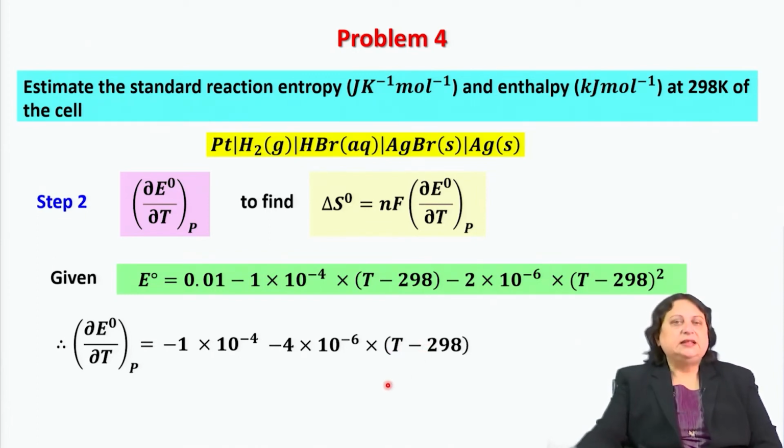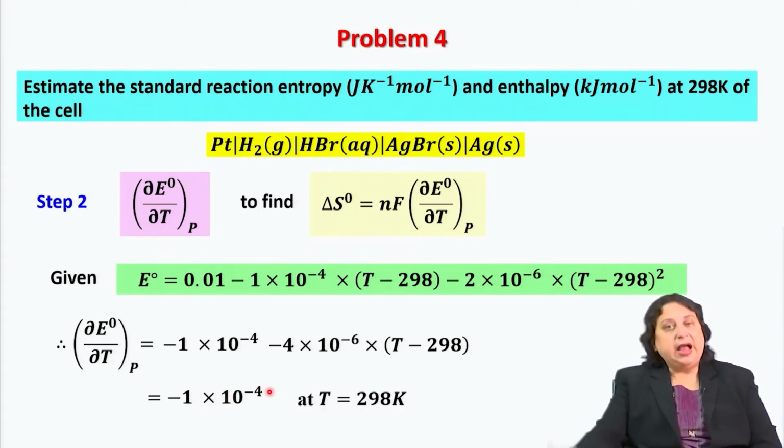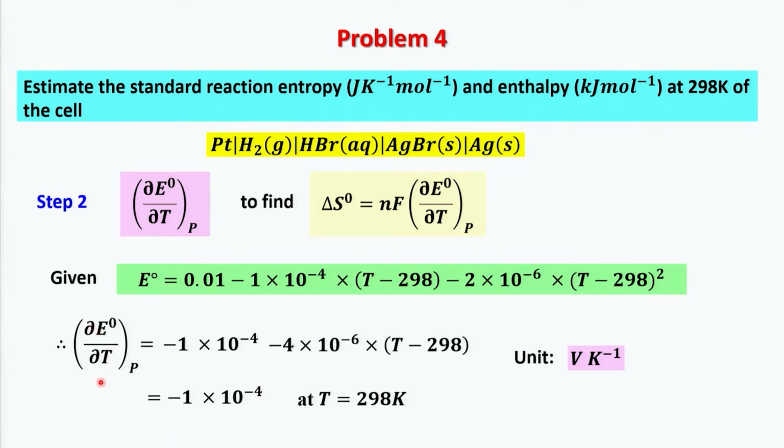That means this is minus 1 into 10 to the power of minus 4, the value at 298 Kelvin, and you must realize that the unit of this derivative must be volt per Kelvin. That is because I have expressed E naught in volt and temperature in Kelvin. Therefore, del E naught del T at constant pressure has a unit of volt per Kelvin.